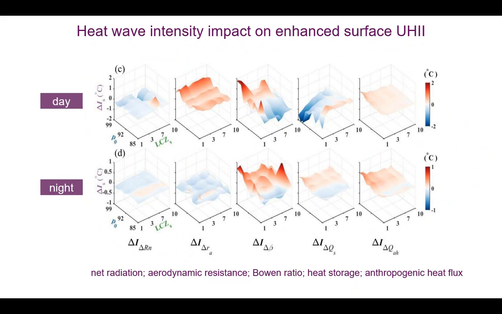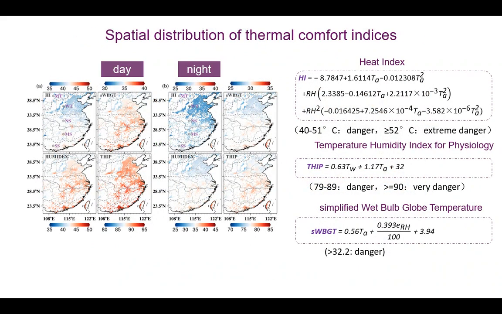And for example, the contribution of anthropogenic heat may be very little at night, and even in the daytime we only have a smaller variation in these plots.